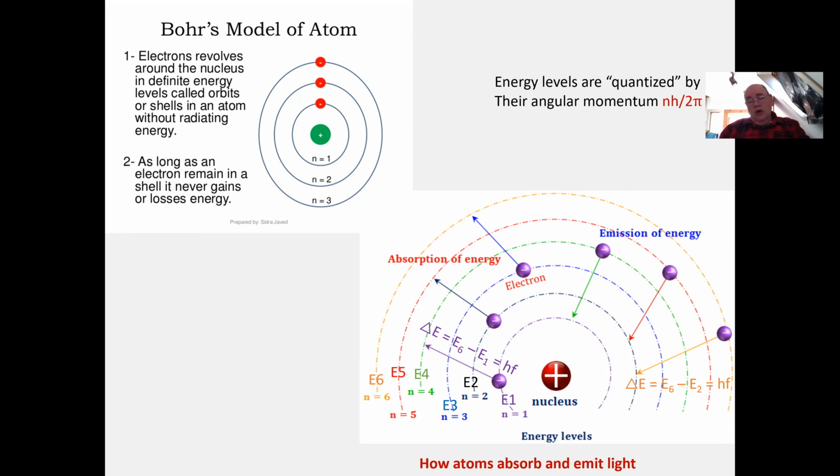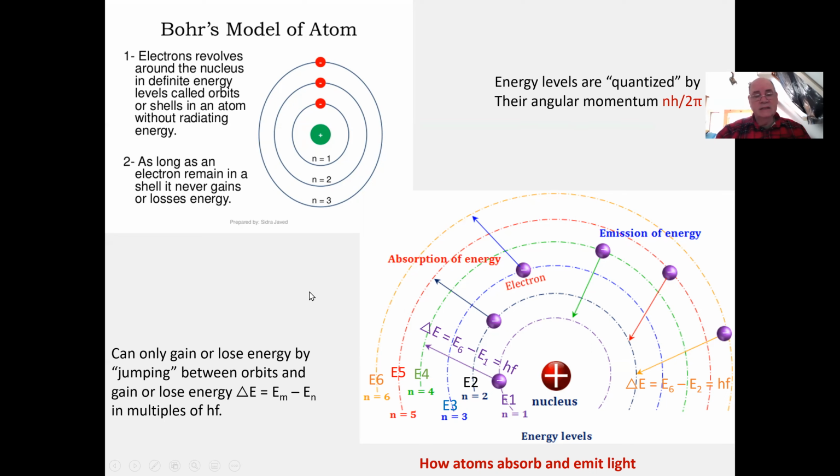And given that one quantization and the rest basically Newtonian physics, he's able to devise this energy scheme. And he posits that as long as the electrons are in these particular quantized orbits, they will be stable. According to electromagnetic theory, they should be radiating their energy away and falling into the nucleus.